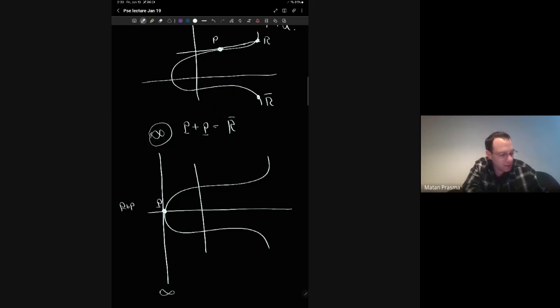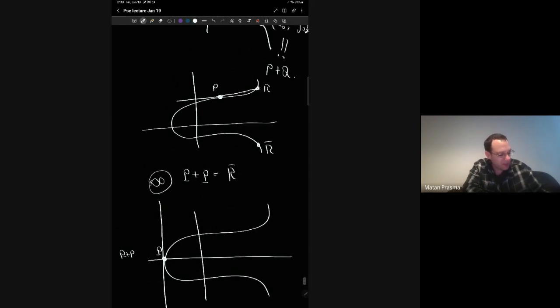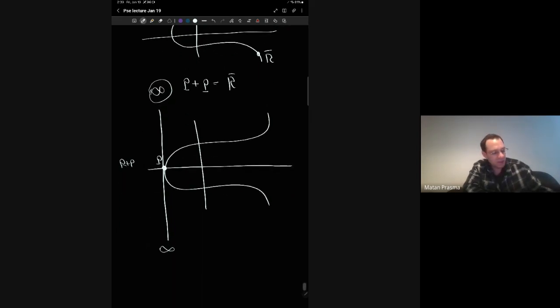So now the tangent line will intersect the curve at infinity, and according to my recipe, I take the tangent line, I intersect it at infinity, and then I need to reflect along the x-axis. But the reflection of infinity along the x-axis is also infinity.